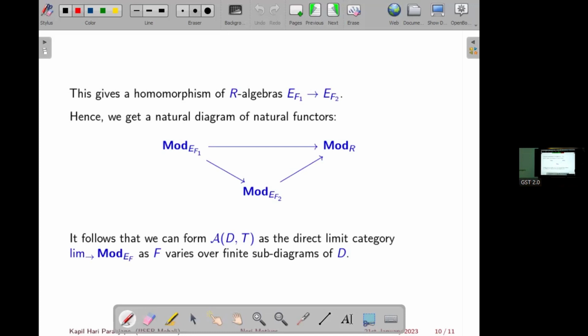Or you're saying it should be in the other direction? I have gone wrong again. No, I've done it wrong. Okay, let me just check.